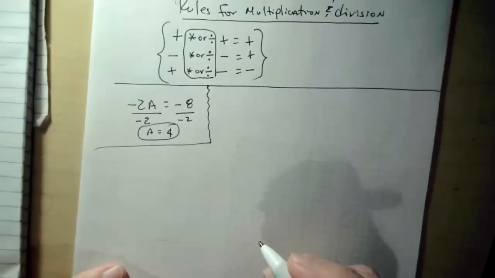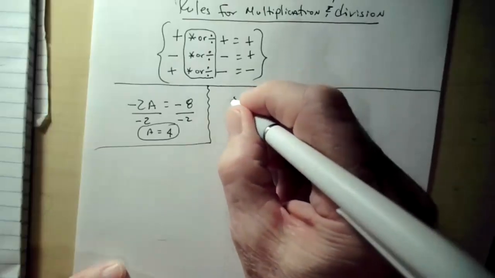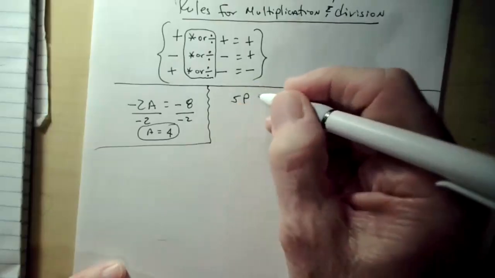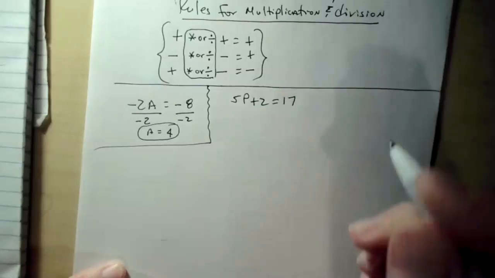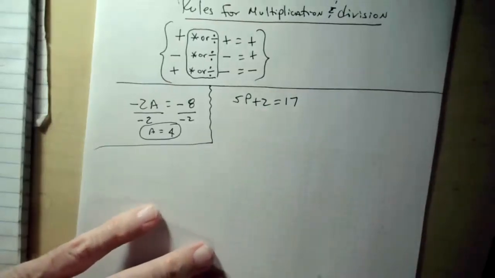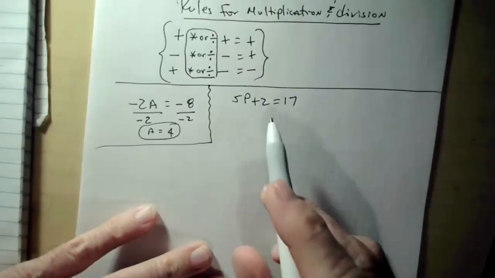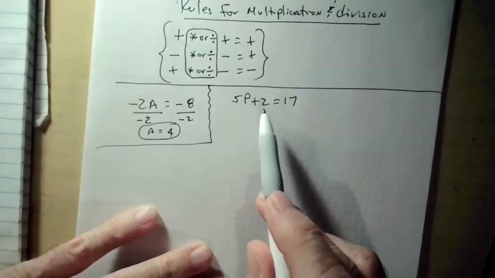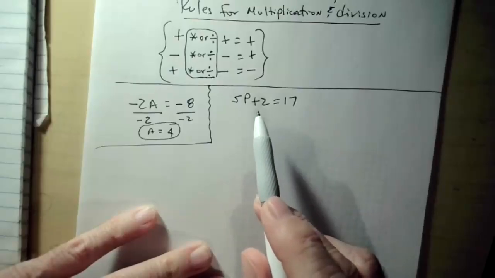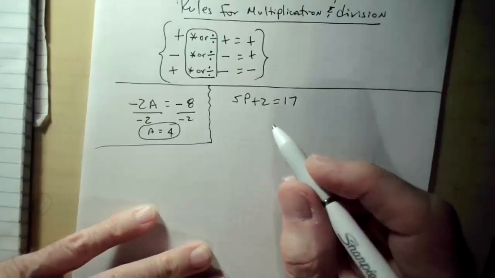Okay, now what if we have a two-step equation? Like 5p plus 2 equals 17. Now remember, the first thing we want to get rid of is addition subtraction. Then we do PEMDAS backwards. First we get rid of addition subtraction, then multiplication division, and exponent and parentheses.